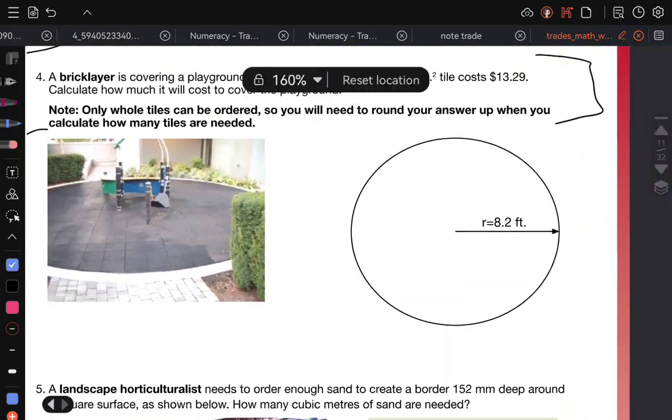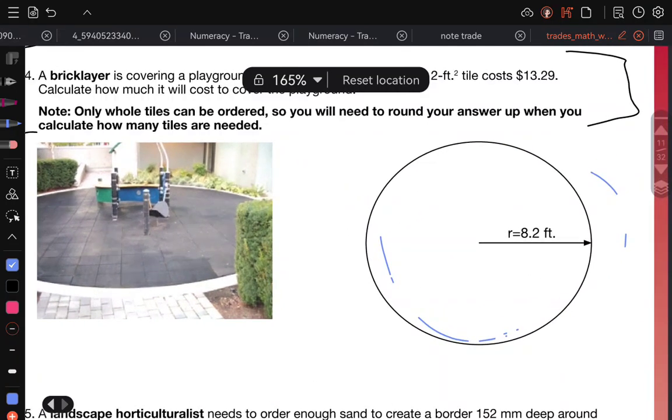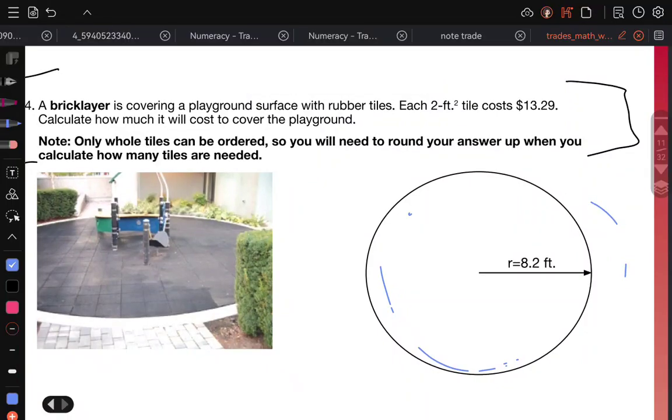As you can see here, what's the area of the playground? This is the playground. So the area of the playground, we can know by using the area formula. For this one, area equals to what? Pi radius power 2.